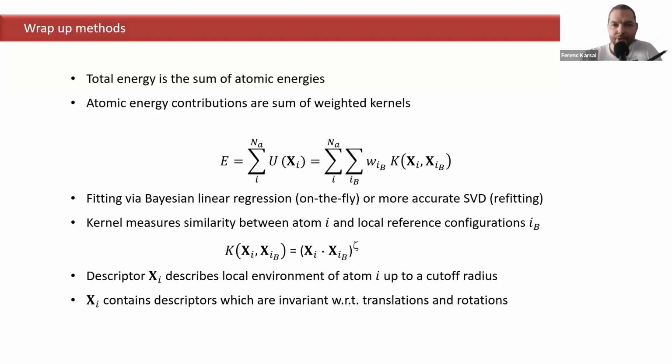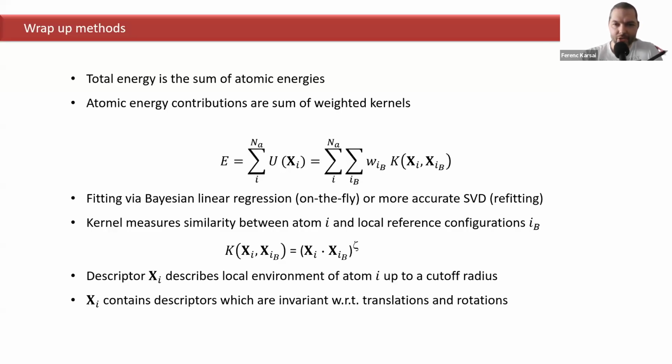So the total energy is the sum of atomic energies. These atomic energies are the sum of weighted kernels. We have two ways of fitting: the less accurate but fast Bayesian linear regression, which is used for data acquisition, and the more accurate but slow pseudo-inverse using SVD, which is only used once in a refitting.